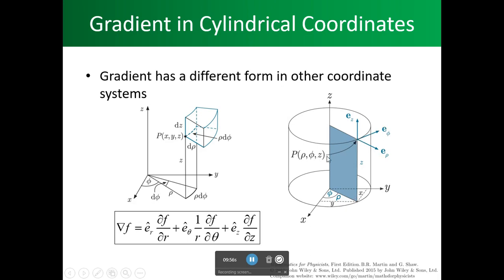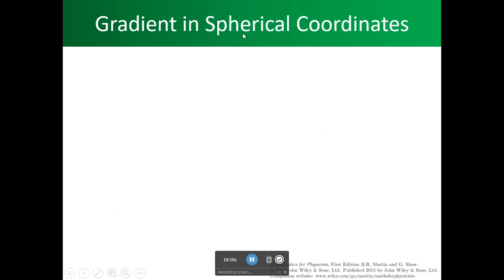So as you can see, you have 3 dimensions here, and each one of these are perpendicular. We can use that as our unit vector.